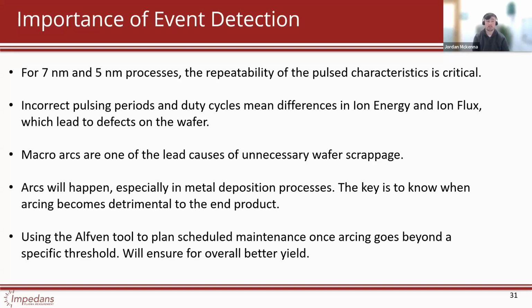So what I mean by that is if you have the Alpha tool just sitting there and recording arcs, what could be okay is a lot of these E11 events for a long time. But let's say they start becoming E21 or the amount of arcs actually increase over time, then it could mean scheduled maintenance to ensure that the chamber is kept in good condition. As we mentioned at the very start, chamber seasoning and oxide layers, all that good stuff.